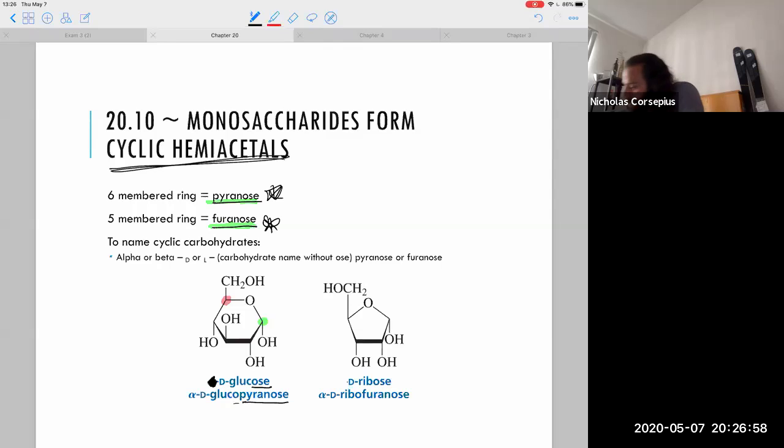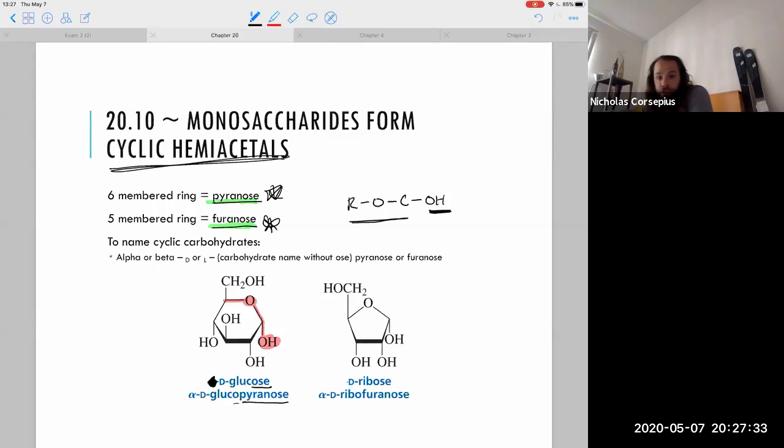What makes this a hemiacetal is this set of bonds here, the fact that it goes R-O-C-O-H. It's not a full acetal because this is an OH over here. So hemi, meaning half, it's a half acetal because of this linkage right here, okay?